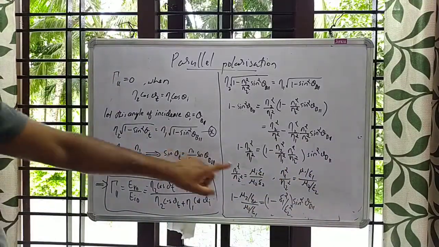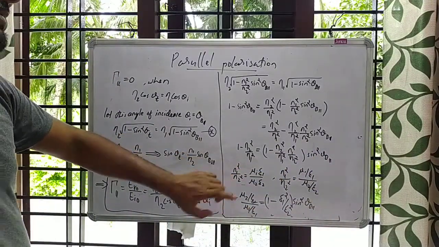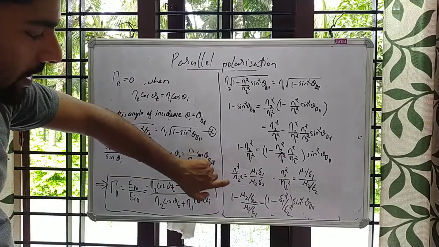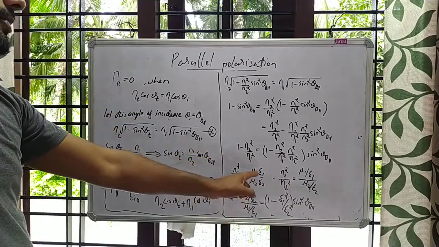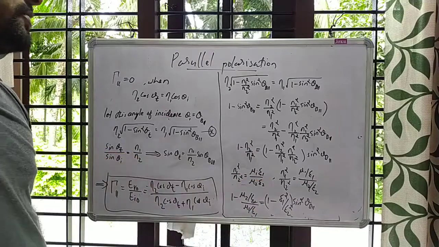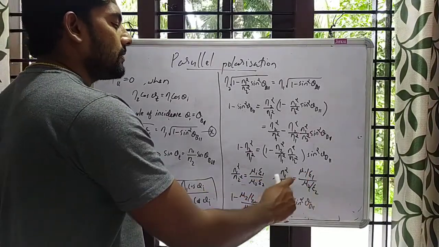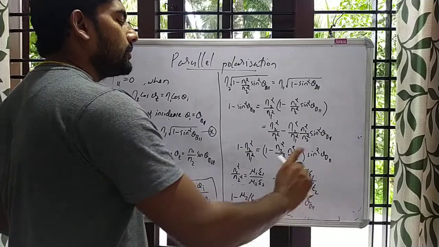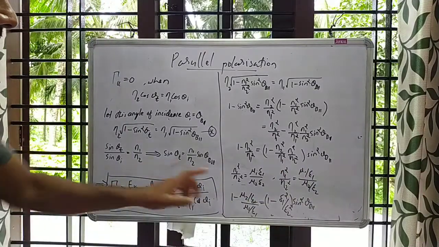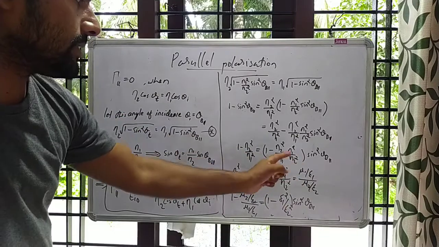And n1 square by n2 square is equal to mu 1 epsilon 1 divided by mu 2 epsilon 2, and eta 1 square is mu 1 by epsilon 1, and eta 2 square is equal to mu 2 by epsilon 2. So we substitute these values in this equation.